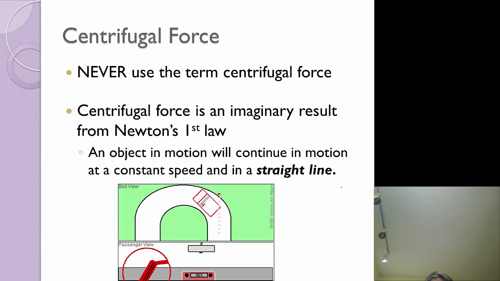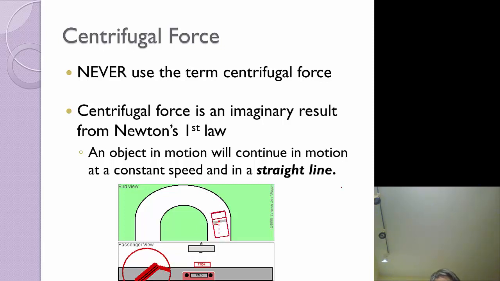It's really what happens when we envision Newton's first law. The diagram on the bottom shows a car going around a curve and there's a tape on the dashboard. The tape and objects in the car really want to go straight. That's Newton's first law. An object in motion will continue in motion at a constant speed and in a straight line.